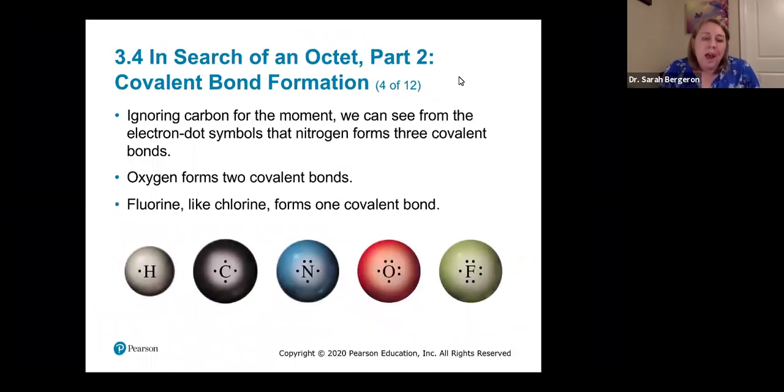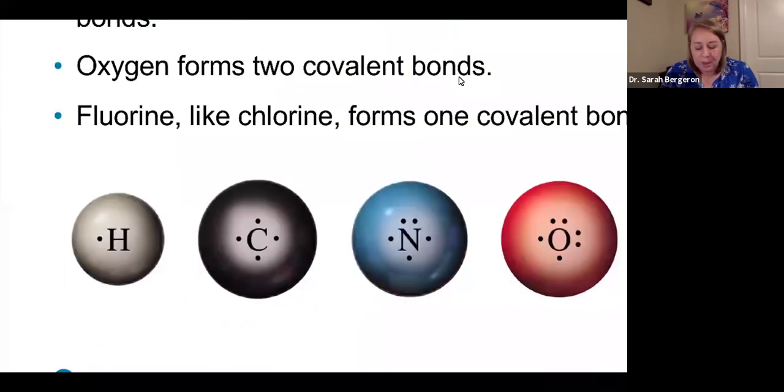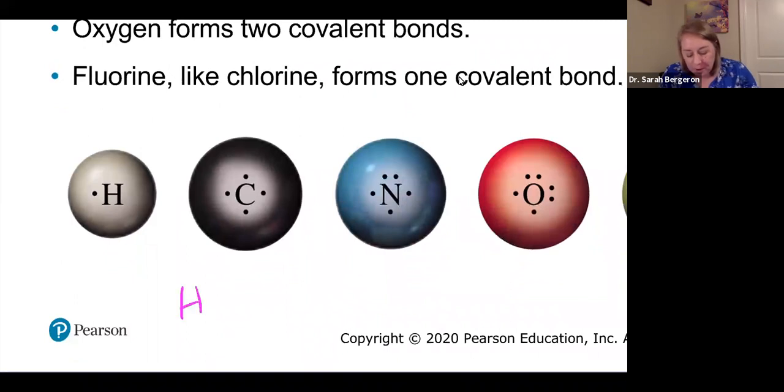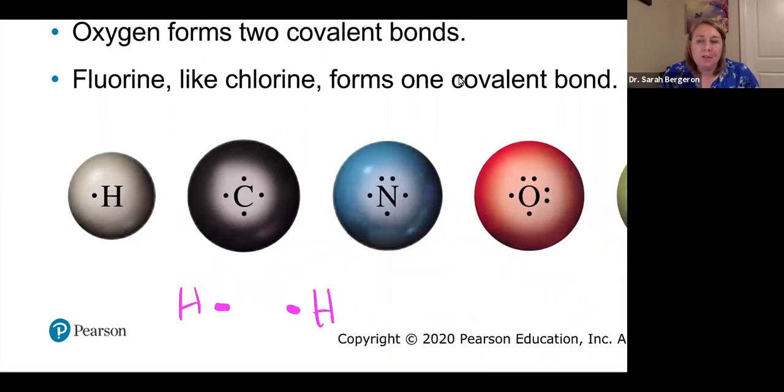So if we look at our electron dot diagrams again, we're going to see how many covalent bonds we can form with each atom. So look at hydrogen. Let's say we have another hydrogen atom. So here's my hydrogen, and I have another hydrogen, and it's got one electron. Hydrogen is special. It doesn't want 8 electrons. It only wants 2.